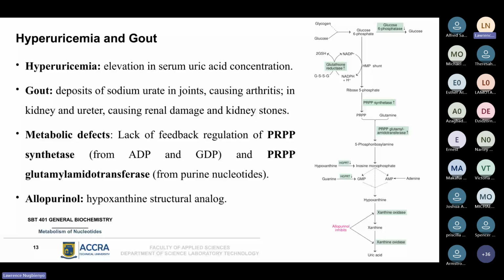The glutamyl transferase is involved in the transfer of the amine group from glutamine onto the phosphoribosyl pyrophosphate.